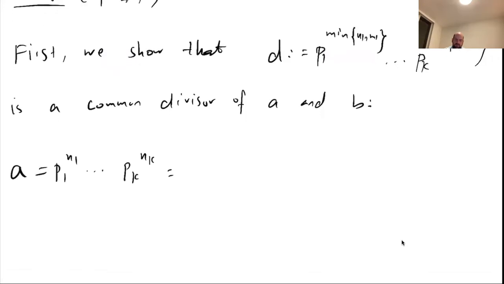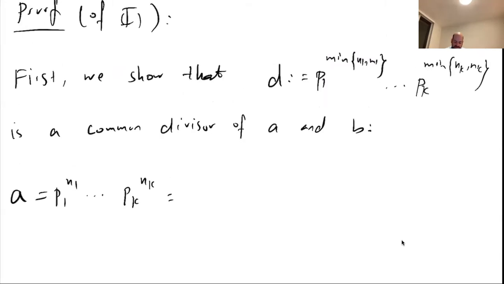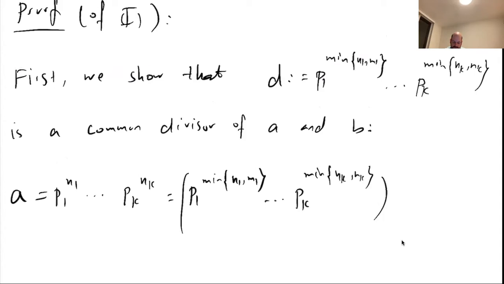So A equals P1 to power N1 all the way to Pk to power Nk. Now I want to write it as D times something. So P1 to power minimum N1 M1 all the way to Pk to power minimum Nk Mk, which is my D, times, okay, which number would give me A? I need P1 to power N1 as a result, and right now I have P1 to power minimum N1 M1.